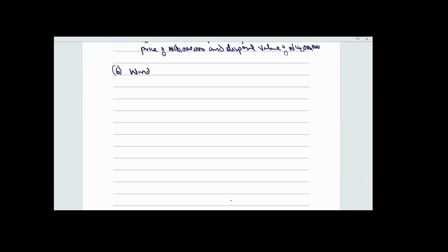The window cost of 3,495,000 naira is a sunk cost, and therefore not relevant to the calculation.